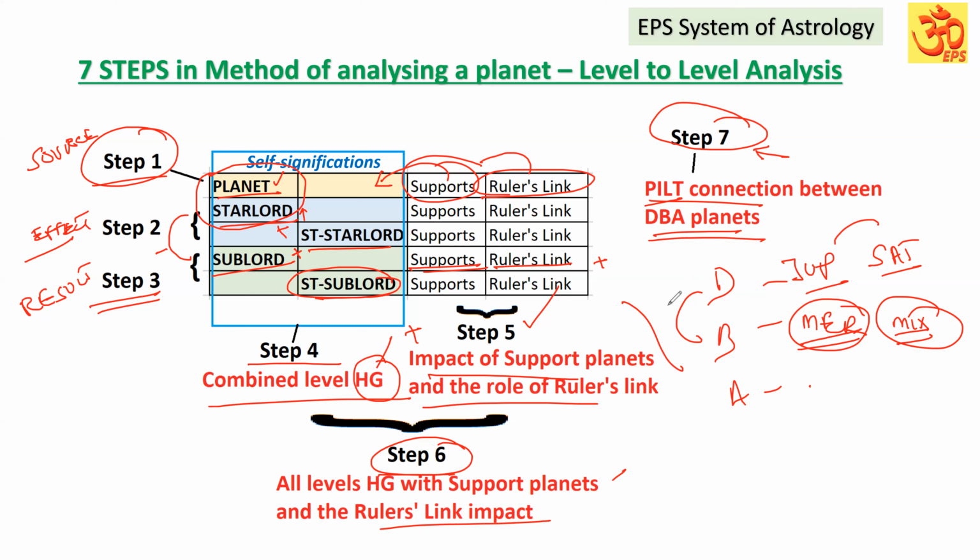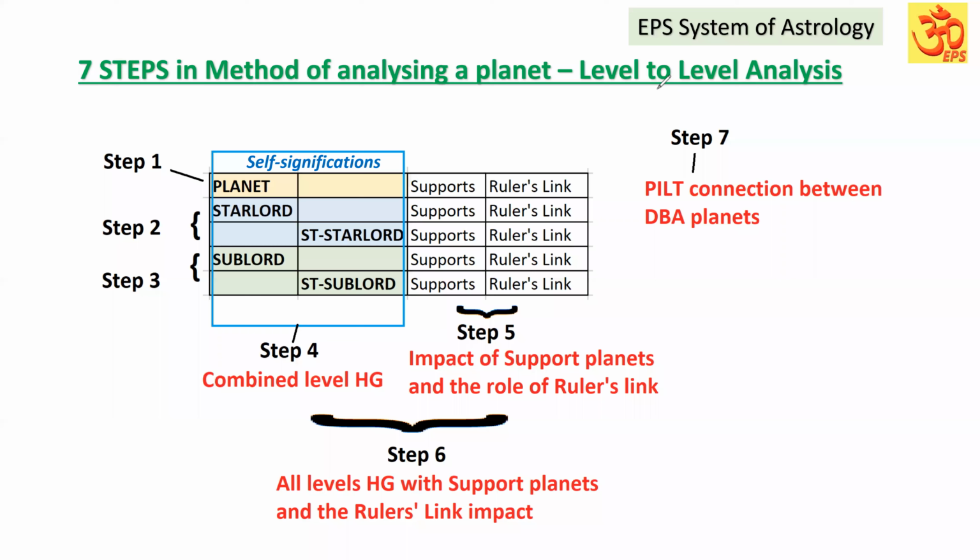This is important. I hope you have understood the important steps, the 7 steps involved in analyzing a planet's total signification. So a planet is to be studied by way of 7 steps. In the next lesson, I will explain in detail each step with some examples for your better understanding. Thank you so much.